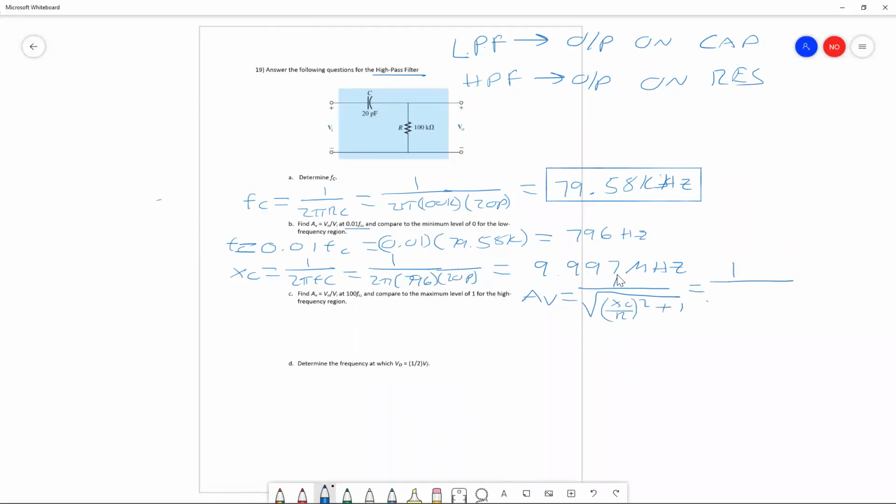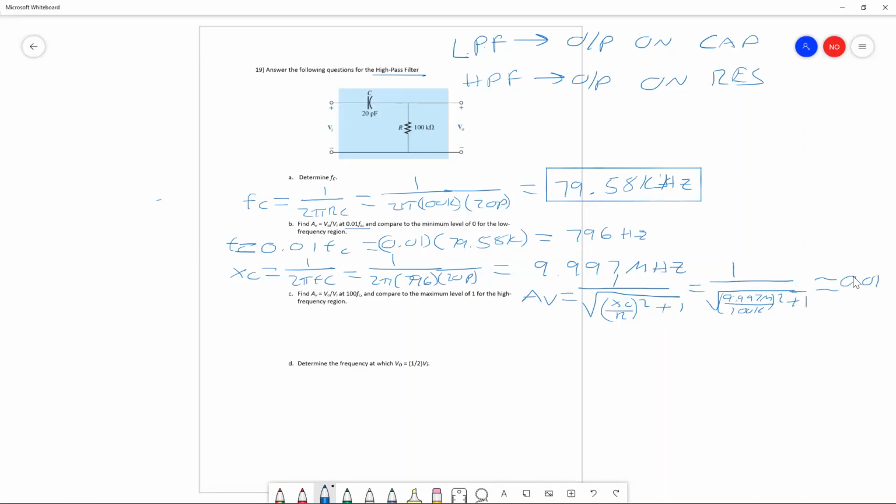We'll get 1 over the square root of 9.997 mega over 100 kilo. Remember to add in those metric prefixes. They're important. So top would be times 10 to the 9, my apologies, 10 to the 6th. And then the bottom would be 10 to the 3rd. Plus 1, and then calculate that out.